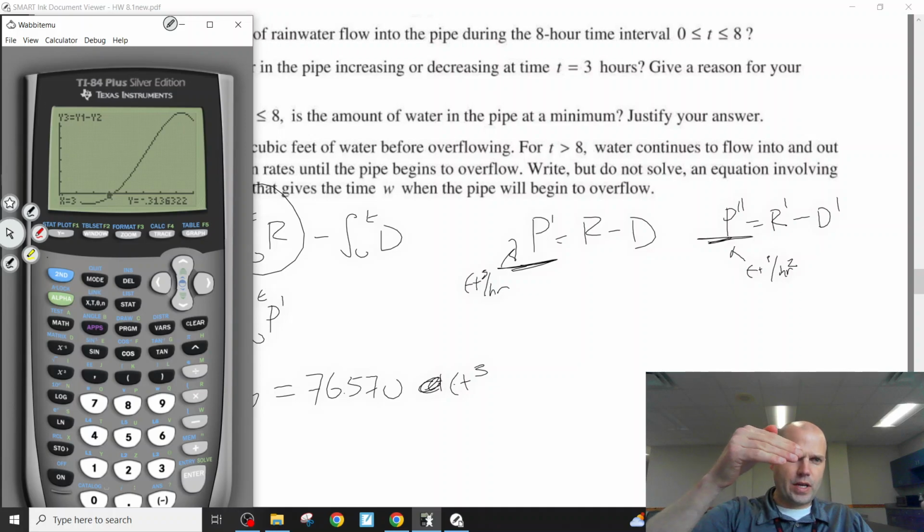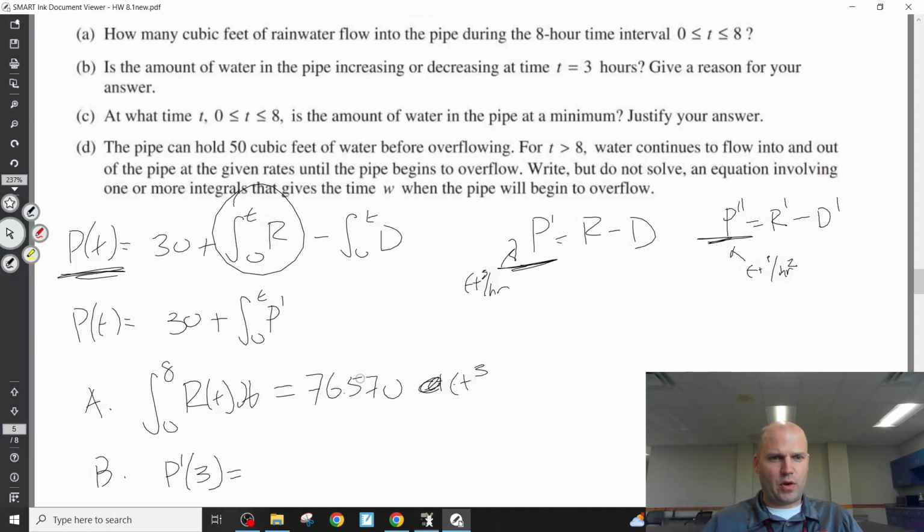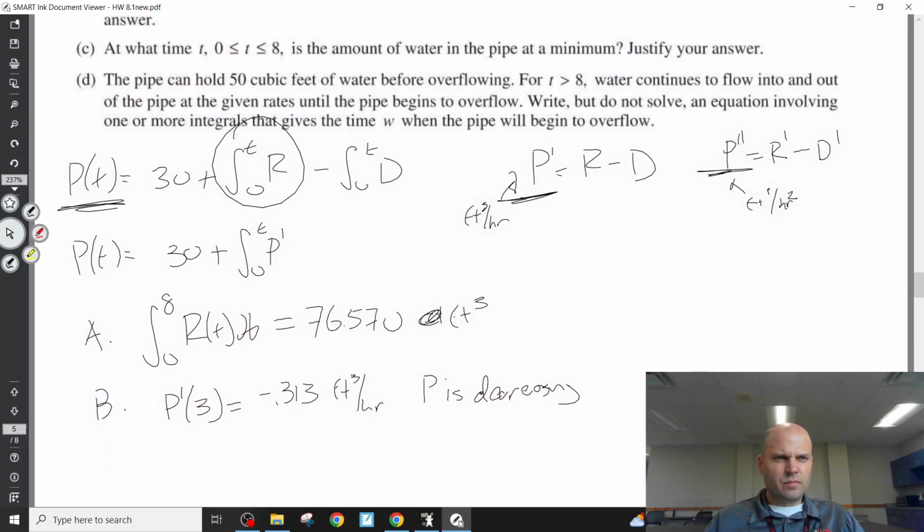Like r of 3 minus d of 3 is negative 0.313. Negative 0.313 cubic feet per hour. This is a negative number. P is decreasing. Our position is decreasing.